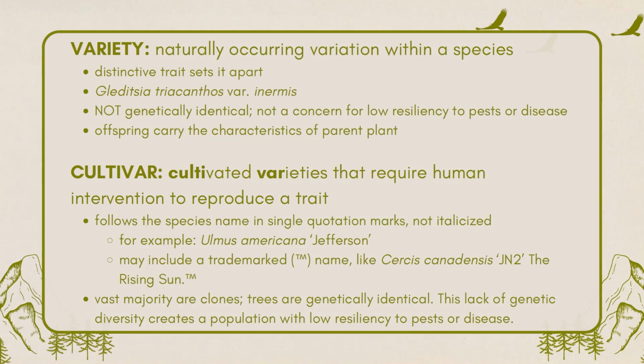And a cultivar is a cultivated variety that does require that human intervention. And there's some information about how it might be stylized in the guide. It also might have a trademark name, but the vast majority of cultivars are clones, so the trees are genetically identical, and that lack of genetic diversity can create a population that's not resilient to disease. So those are just things to keep in mind as you're choosing what to plant.